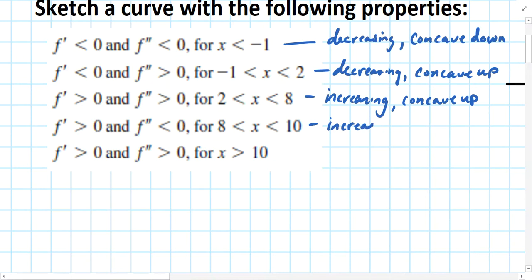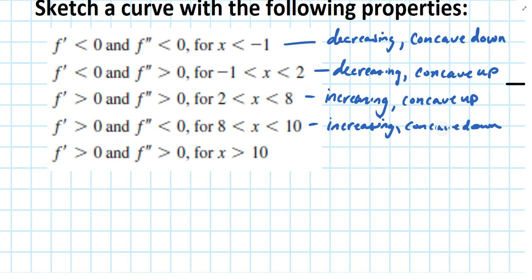Next, we continue on the increasing movement because our first derivative is positive. Our second derivative becomes negative, which means we are going to be concave down. And again, anytime that we switch from positive to negative or concave up to concave down, we experience what we call an inflection point.